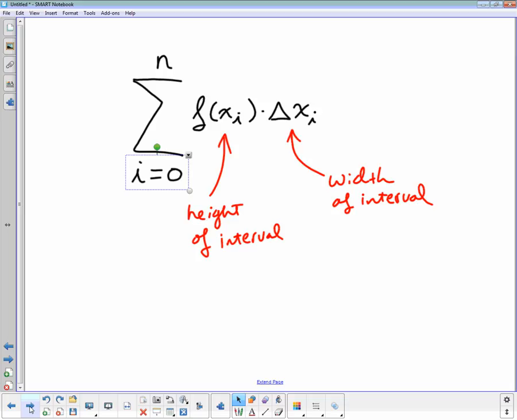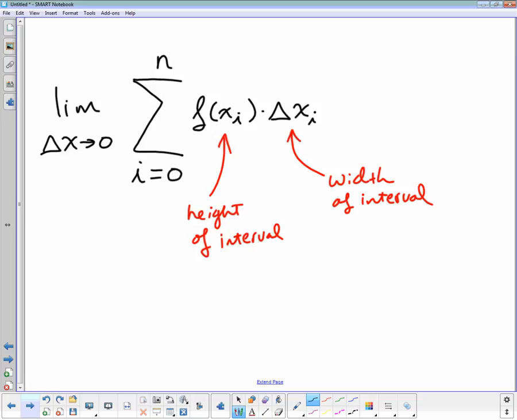And in fact, we can turn this into an integral by making the interval smaller and smaller and smaller, which means that we take a limit as delta x goes to 0.